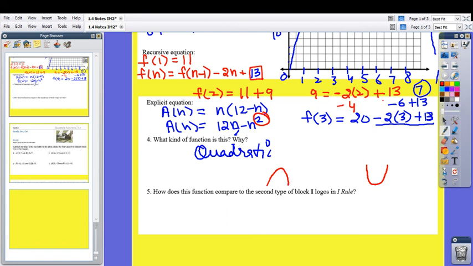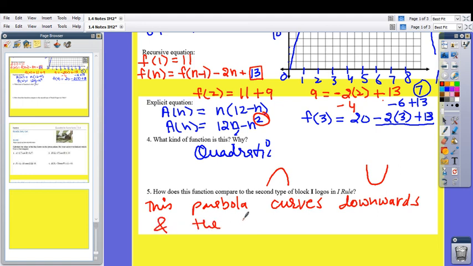So if we have to compare these two, in this case, this parabola curves downwards, and the I logos parabola curves upwards, and that's the difference.